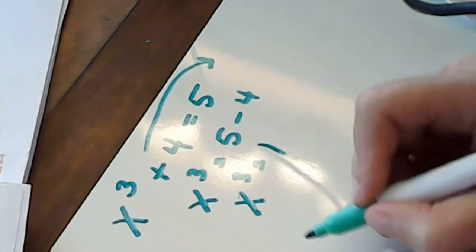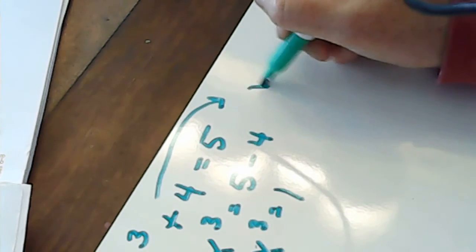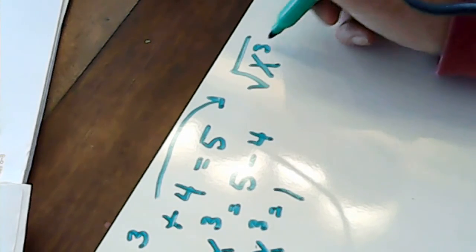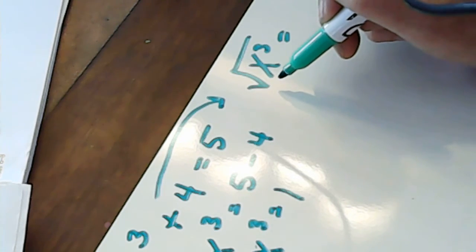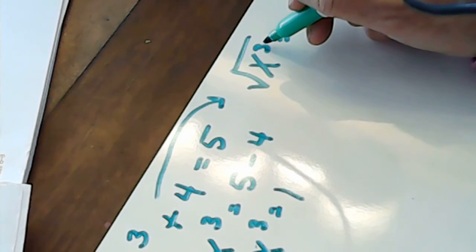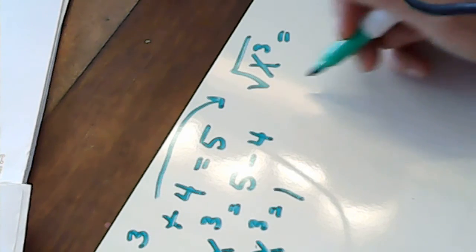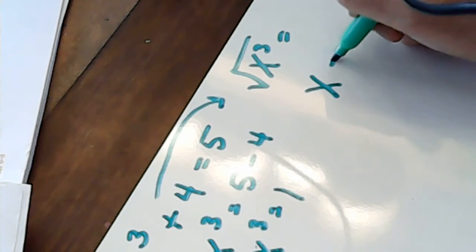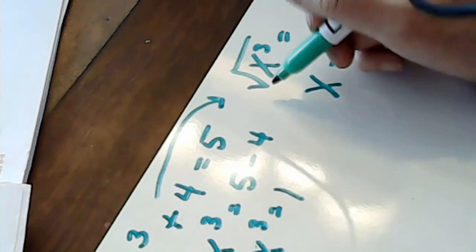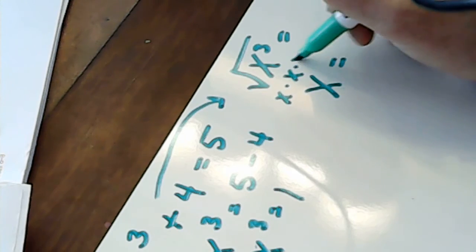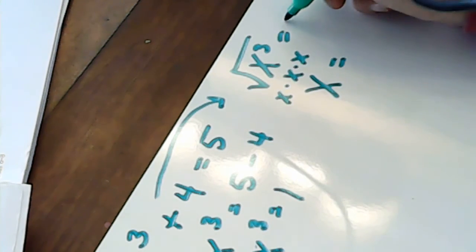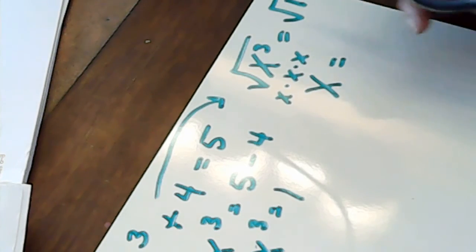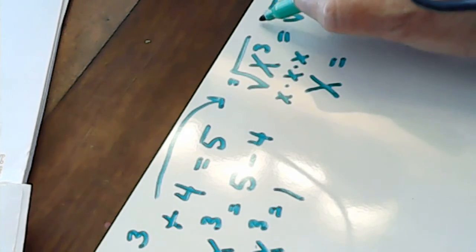And I'm asking myself, what is the cube root of x to the third power? Well, it's going to be x, isn't it? You could already see that, because x times x times x is x to the third power. And then what is the cube root of 1? Remember, these are cube roots.